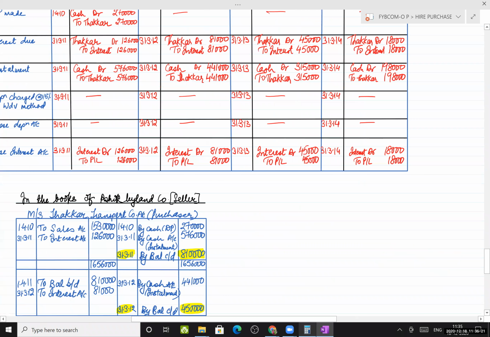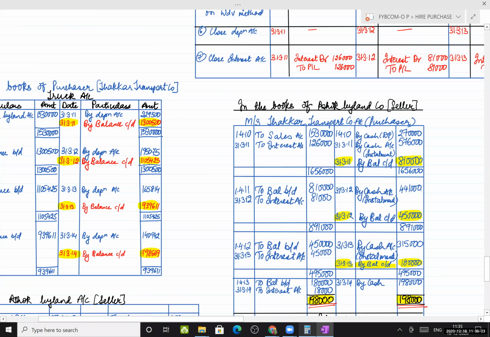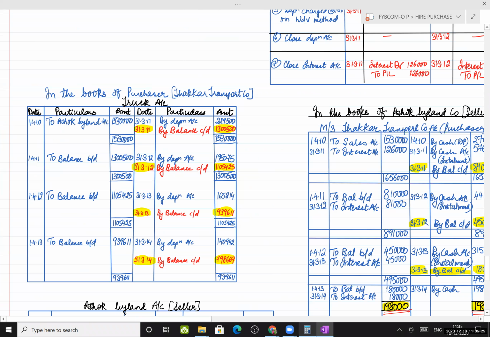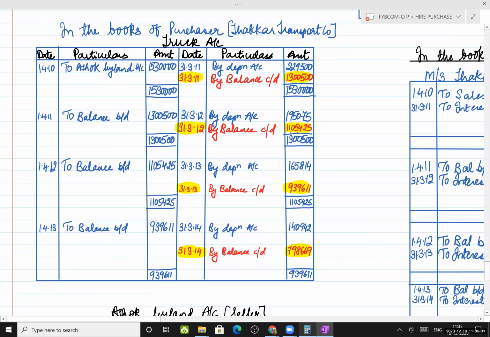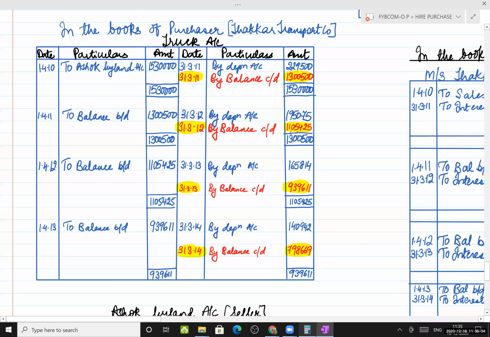So here is from the point of view of the transporter. You can check. Just go through these entries. Depreciation has been charged for 4 years.